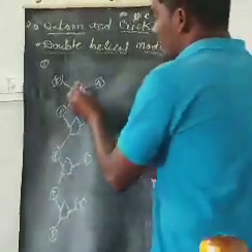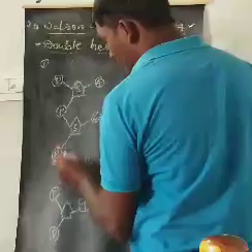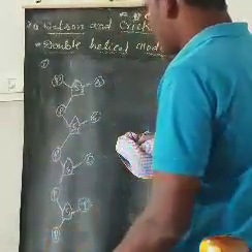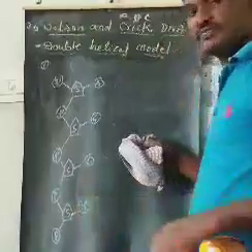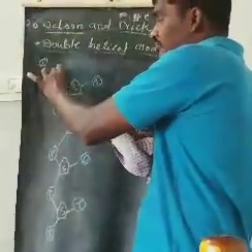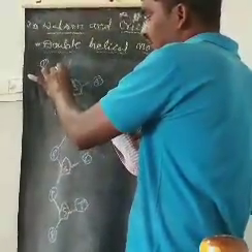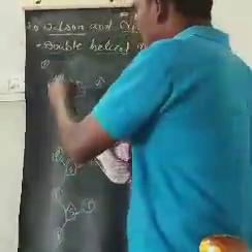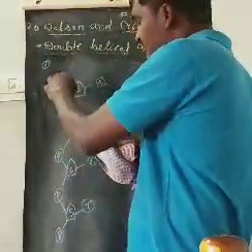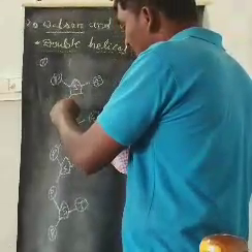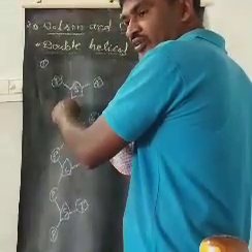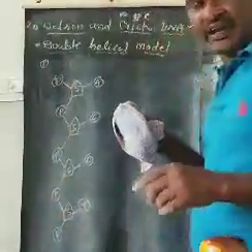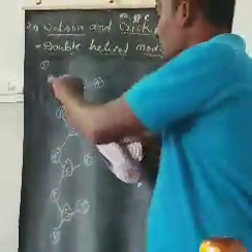So this one is the pentose sugar, these are the phosphate molecules, and this one is the nitrogen base pair. Here the pentose sugar binds to the phosphate molecule to form a phosphoester bond. One pentose sugar is binding to two phosphoester bonds.